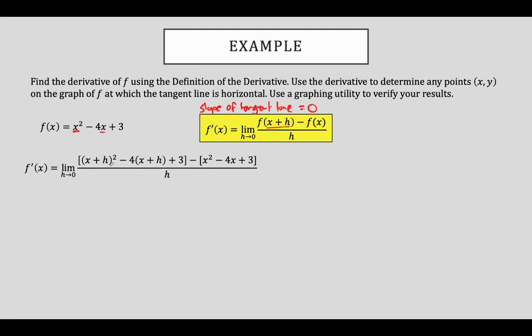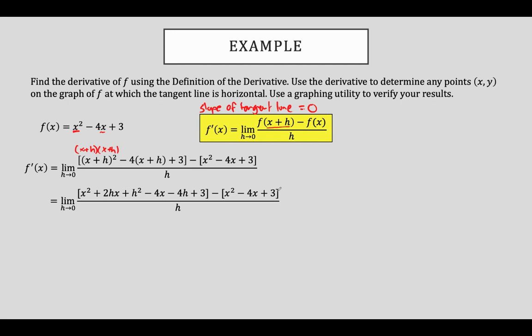Now we can continue with our algebra. Let's expand x plus h quantity squared. Remember, that's going to be x plus h times x plus h. And when we FOIL that out, we end up with x squared plus 2hx plus h squared. We distribute the minus 4x minus 4h plus 3 minus, and I still have my function f of x here.